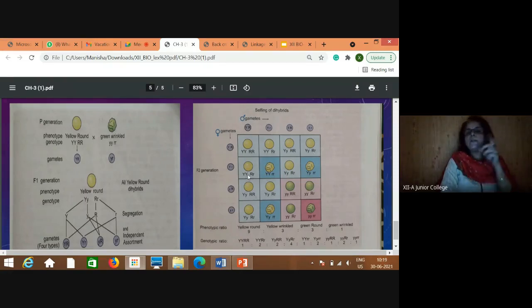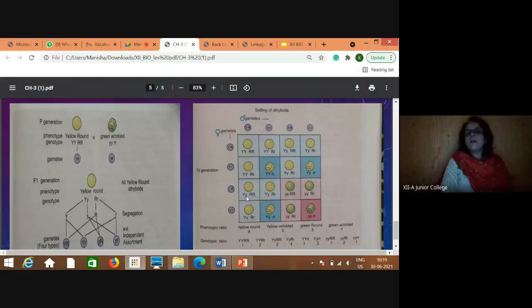At least one letter is capital out of these two, so this is also yellow and round. Then this one is also yellow and round. So how many? Six. Then this is the seventh one, yellow and round. This is the eighth one, yellow and round. This is the ninth one, yellow and round. So yellow and round, how many? 9 seeds, means 9 offsprings out of 16 are showing yellow and round seeds.